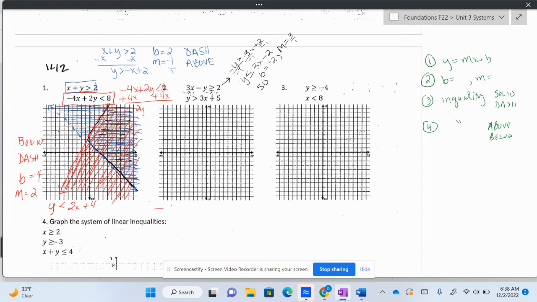Solid line. And it's less than, so I'm going to shade below. So let's graph that one. Beginning at negative 2, I have a slope of 3.